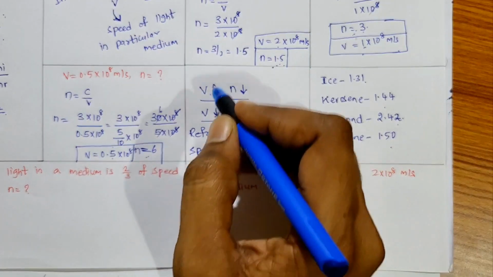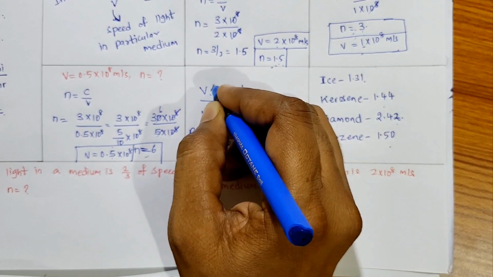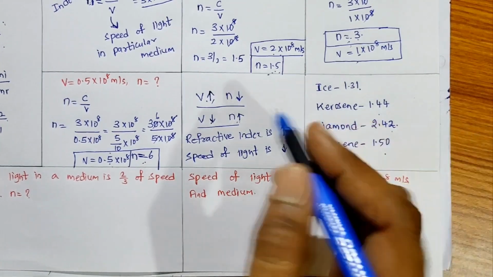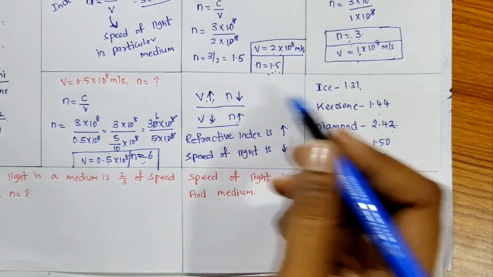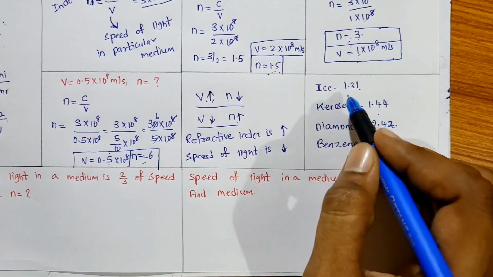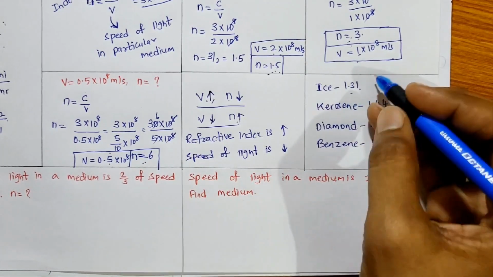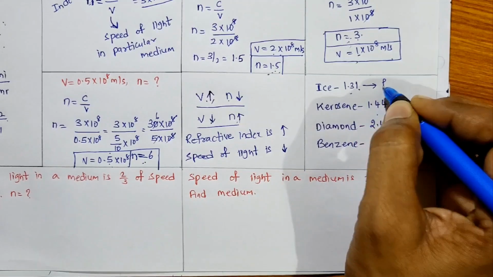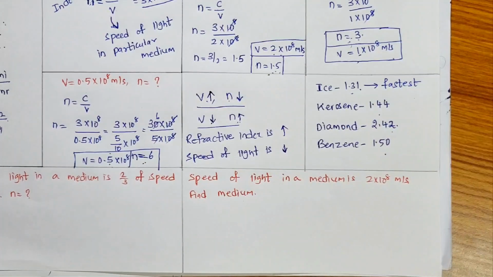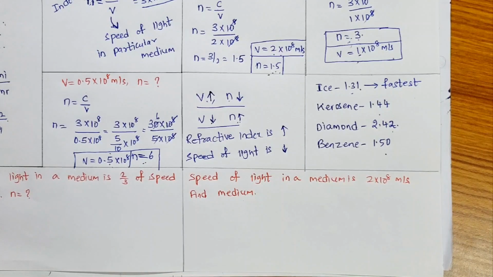See, light should travel faster means velocity should be maximum. Velocity should be maximum means what should be refractive index? Refractive index will be minimum. So in these, where is refractive index minimum? Here refractive index is minimum. So in this medium, light will travel fastest. Where will light travel slowest now?